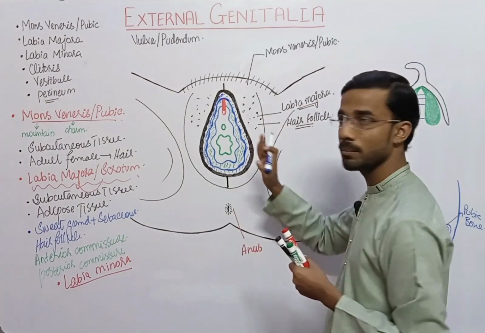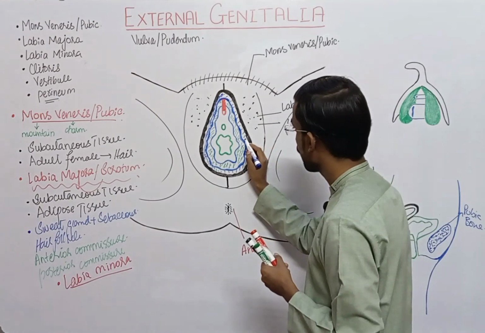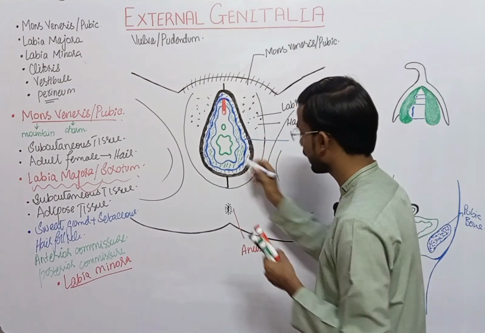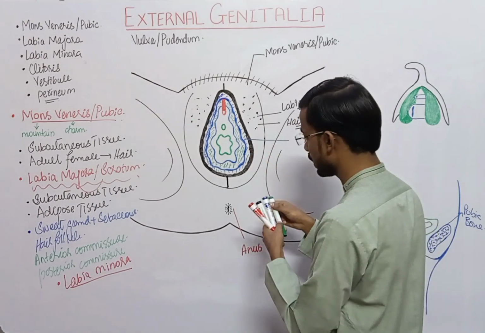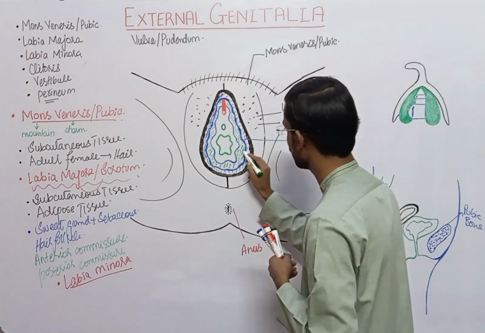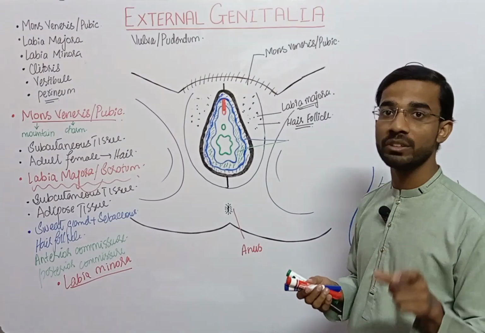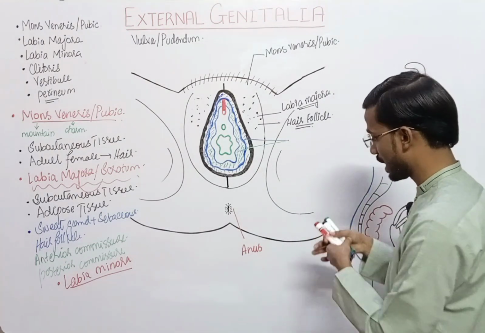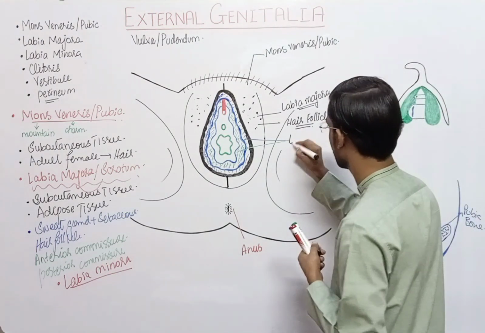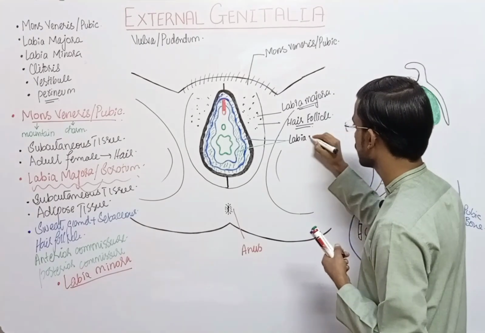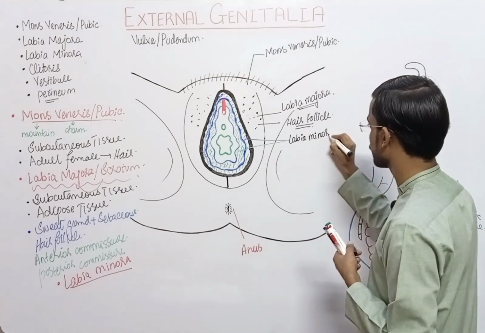Below the labia majora there are two membranes, the first in blue color and the second in green color. These are the two membranes of the labia minora.